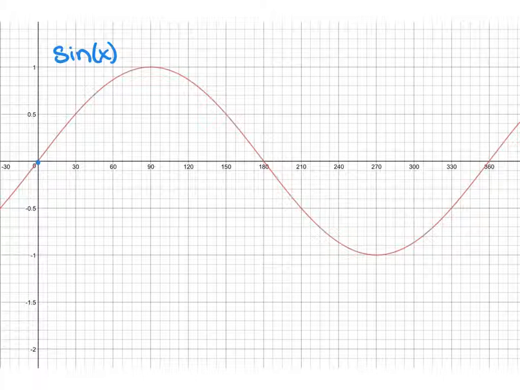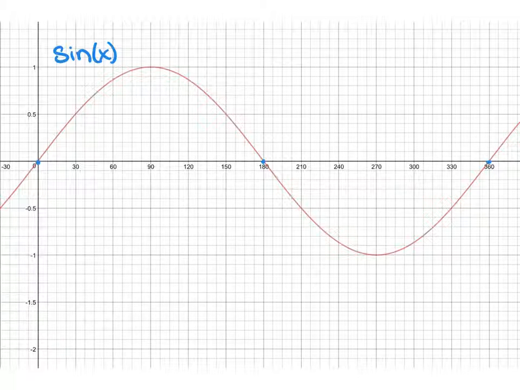It goes all the way up to 1, comes back down, crosses at 180, goes down to -1, and then comes back at 360. And it actually starts the process over again. So it's kind of like a wave. That's what you'll get with these sinusoidal functions: they make graphs that look like waves, and they're called periodic functions. So you may see that term as well, periodic.